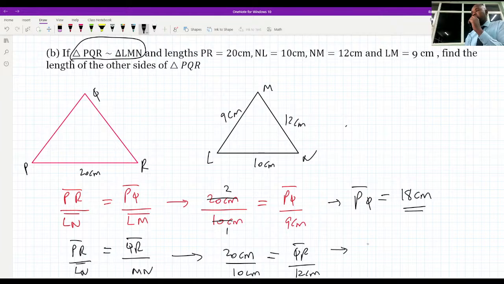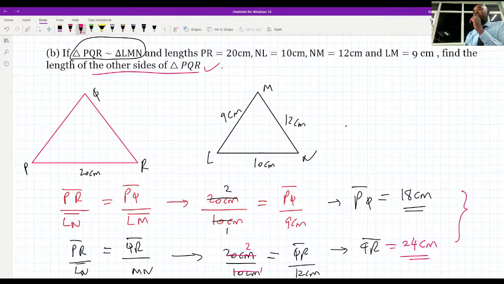Upon simplification, here you have 2 and there you have 1. So QR is 24 centimeter. So we were looking for the length of other side of triangle PQR, and we have already found the sides that PQ is 18 centimeter and QR is 24 centimeter.